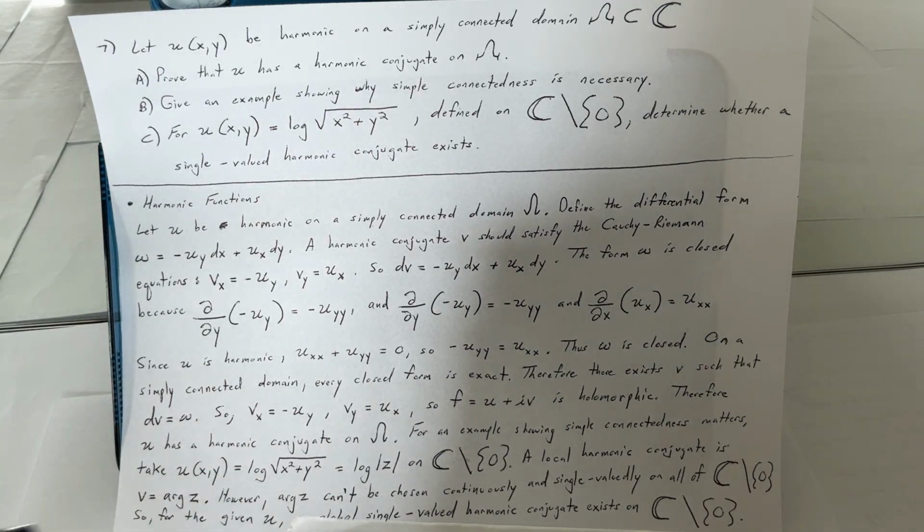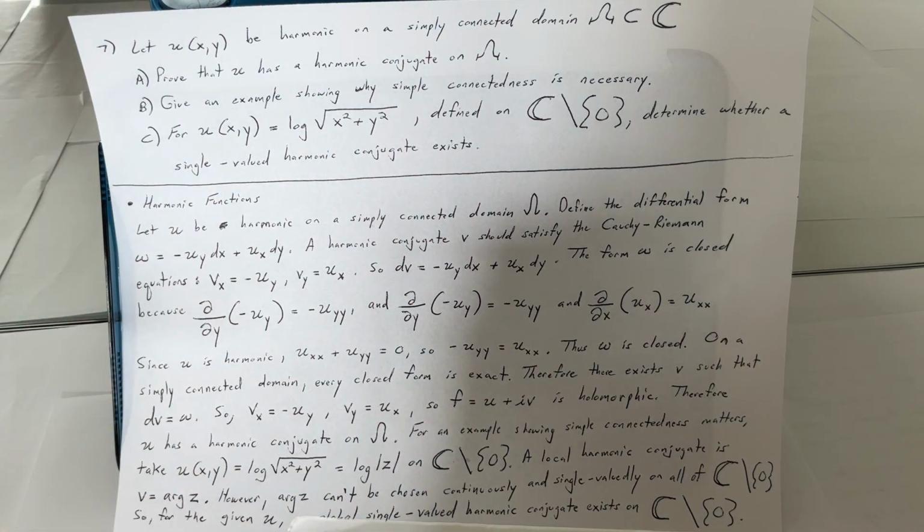For an example showing simple connectedness matters, we're going to take u(x, y) equals log of the square root of x squared plus y squared. That's log of the absolute value of z on the complex plane with 0 removed.